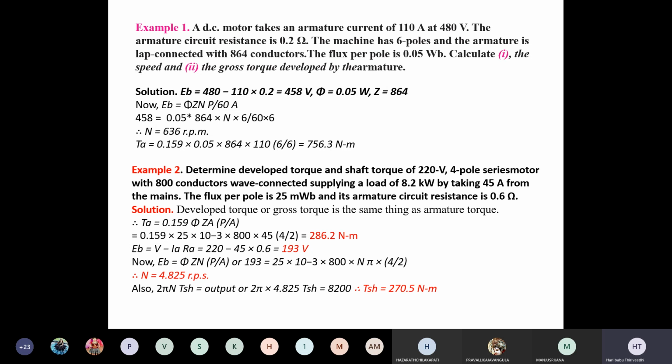Here 1 by 2 pi is nothing but 0.159 into output, they gave 8.2 kilowatt, 8.2 into 10 cube, that is 8200, divided by N 4.825, and we are getting TSH is equal to 270.5 Newton meter. In this way we are determining the armature torque and shaft torque.